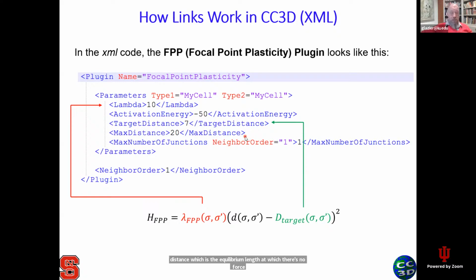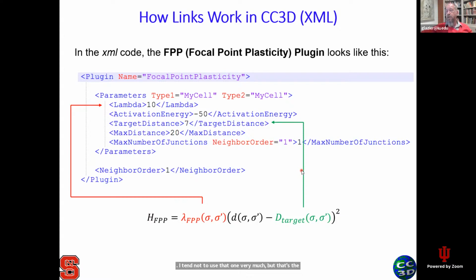The maximum distance, in this case, is a predefined breaking length. So if you pull on the spring enough and you get it stretched too much, it breaks. And so maximum distance says that the spring breaks if it's stretched too much. I tend not to use that one very much, but that's the default in CompuCell.